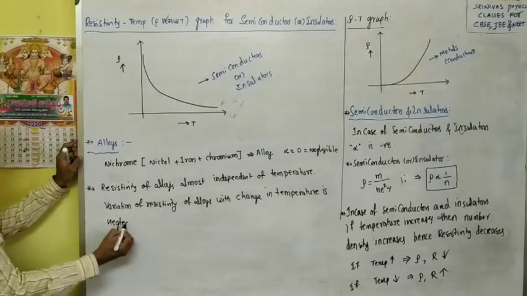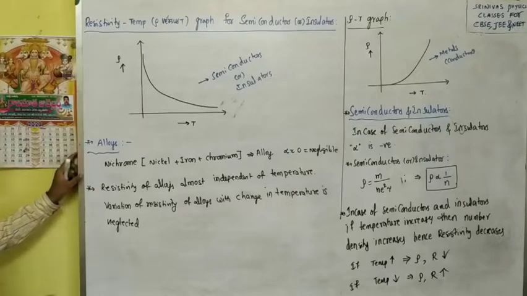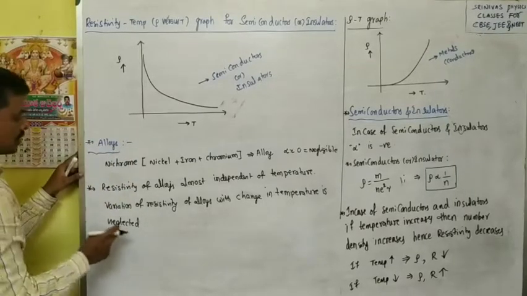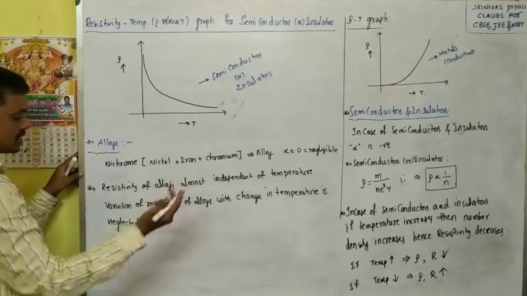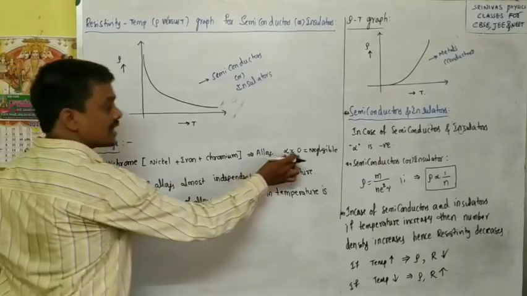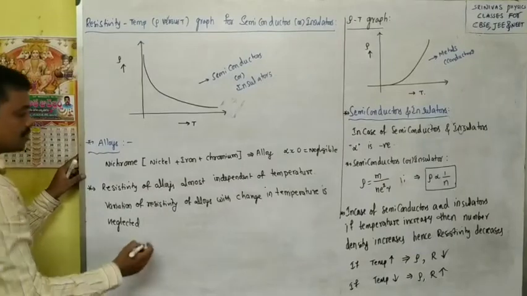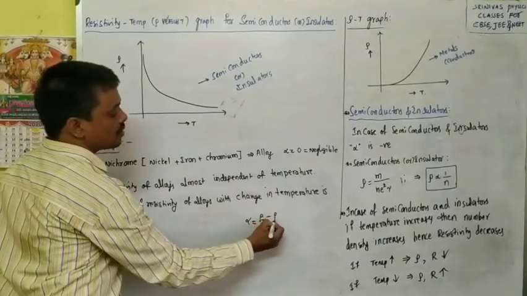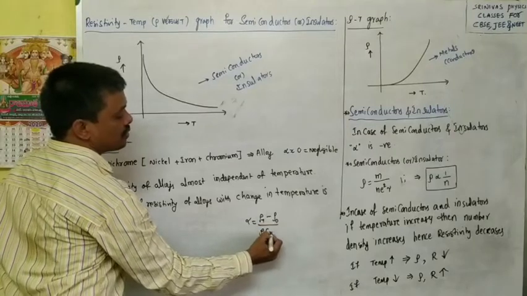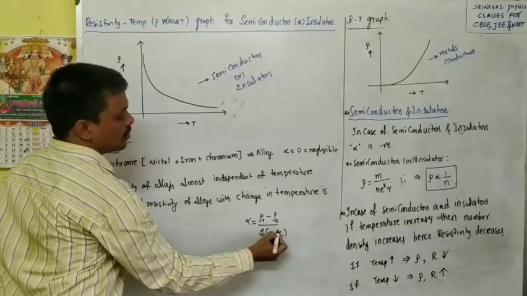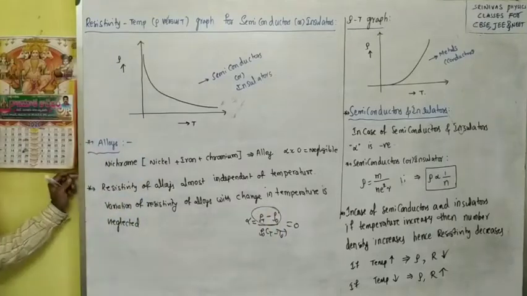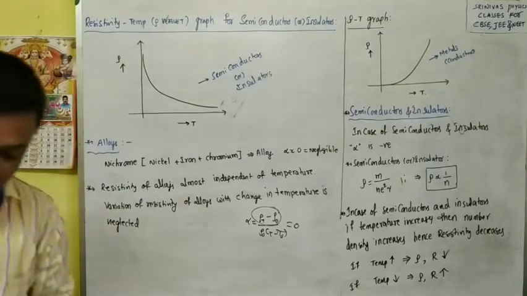Resistivity is independent of temperature, and alpha is nearly 0. Alpha is nearly 0, and the alpha formula is (rho t minus rho naught) by rho naught into (t minus t naught). When alpha is nearly 0, the change in resistivity is also nearly 0, meaning no change in resistivity.